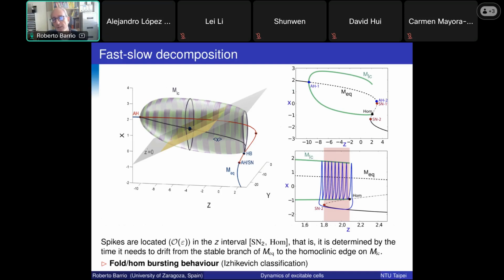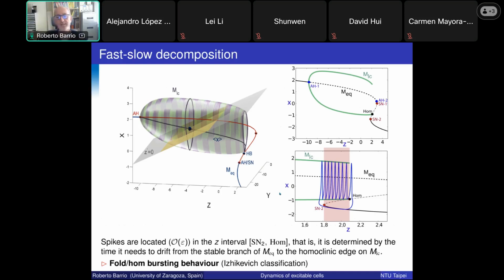Can I ask a question, Roberto? Yes. Really quick, because I'm really foreign to this topic. What's this Izhikevich classification? Well, the classification is related to bifurcations. One is the bifurcation relating to why the resting behavior, the slow dynamics, is ending.